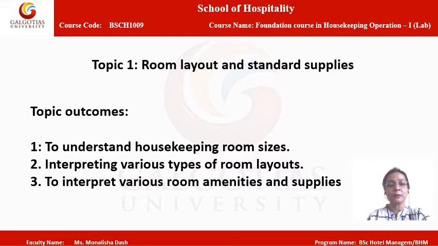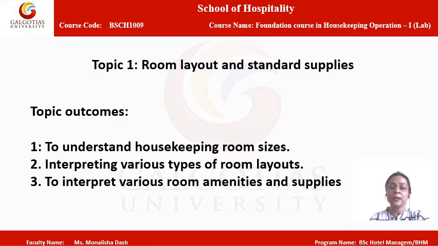Next, point number two, interpreting various types of room layout. We will be understanding what types of rooms are located in a five-star hotel and their layout. Third point is to interpret various room amenities and supplies.